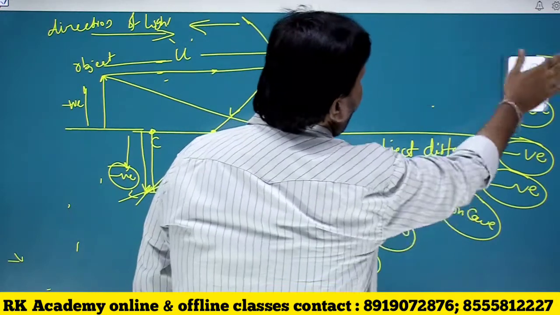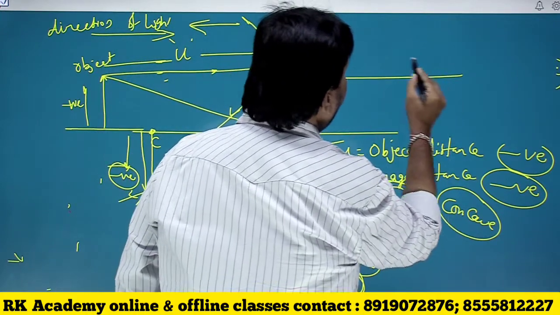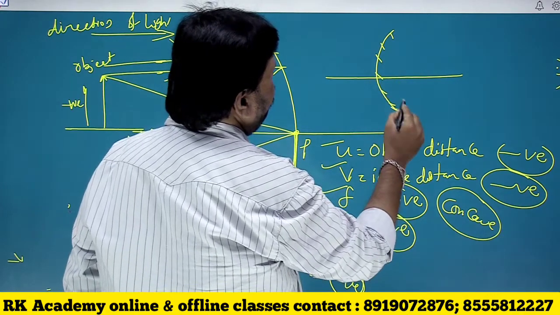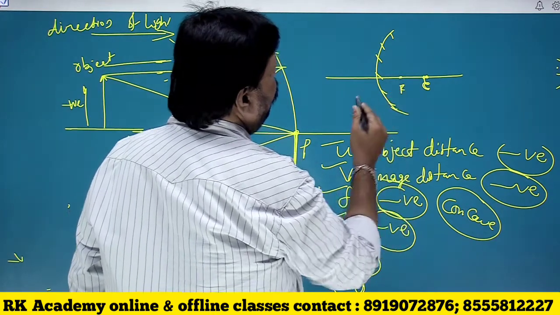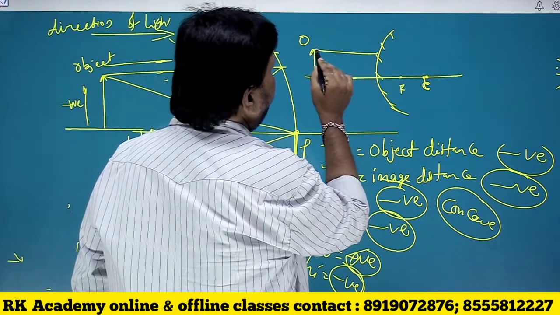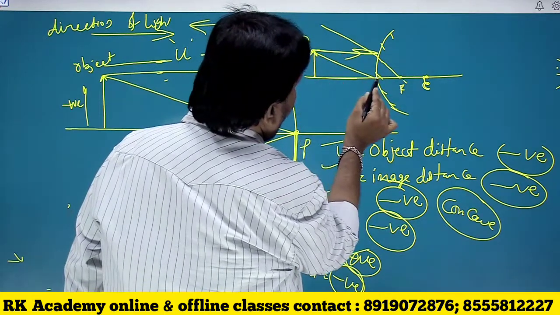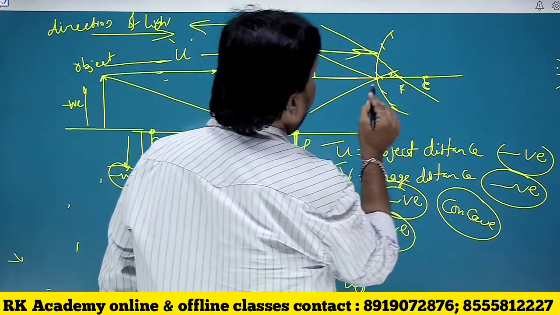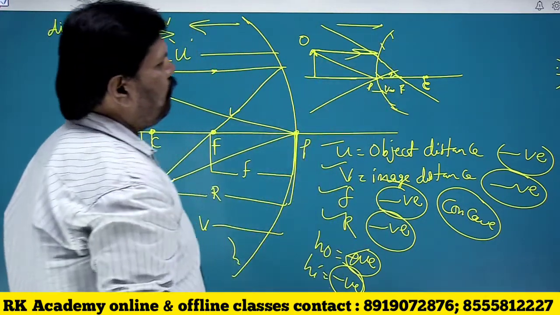Now, if you take the convex mirror, this is convex, this is center of curvature, focus, and this is object. Here image, this is pole, this is the direction of light.